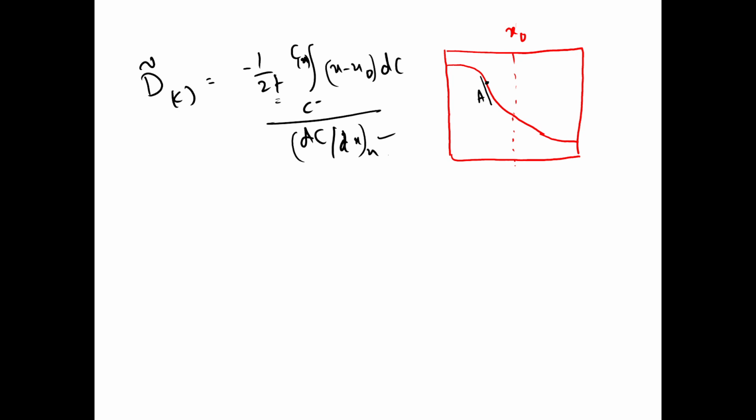And next is the integration of c. This is your c value, right? This is your x and this is your x naught, and dc. That means the area under the curve needs to be determined to calculate this whole term. Okay, so by determining all of these things, you can determine the interdiffusion coefficients at a particular composition.